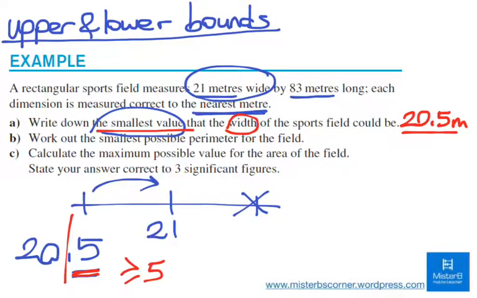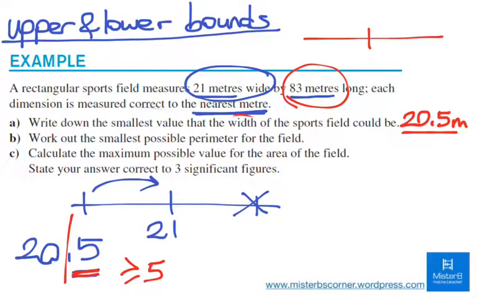Work out the smallest possible perimeter for the field. Now, if the width is 20.5, how about the length? So if it is 83 to the nearest meter, then I should end up with, yes, 82.5. So it must be 82.5 meters the least.